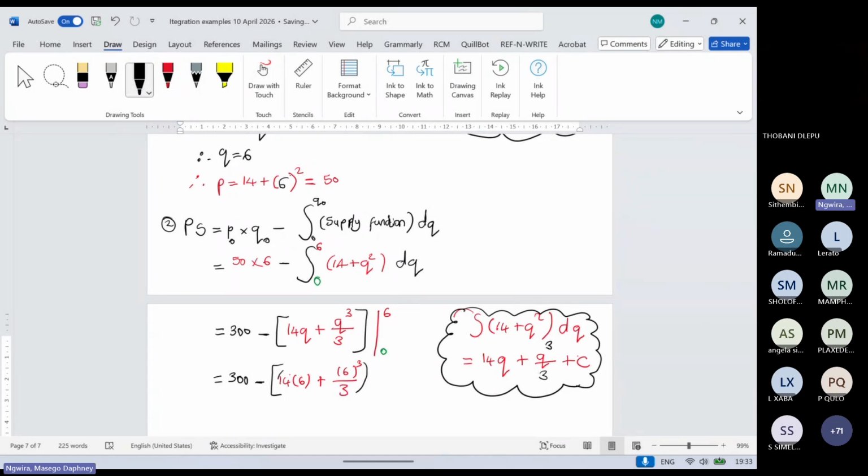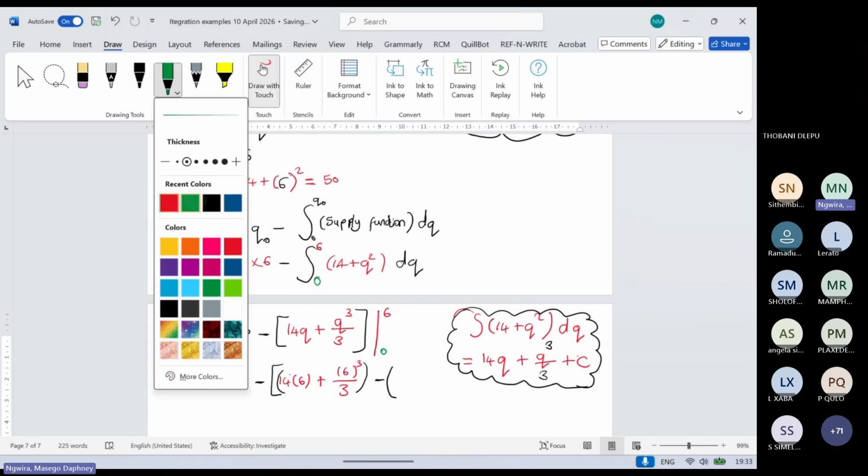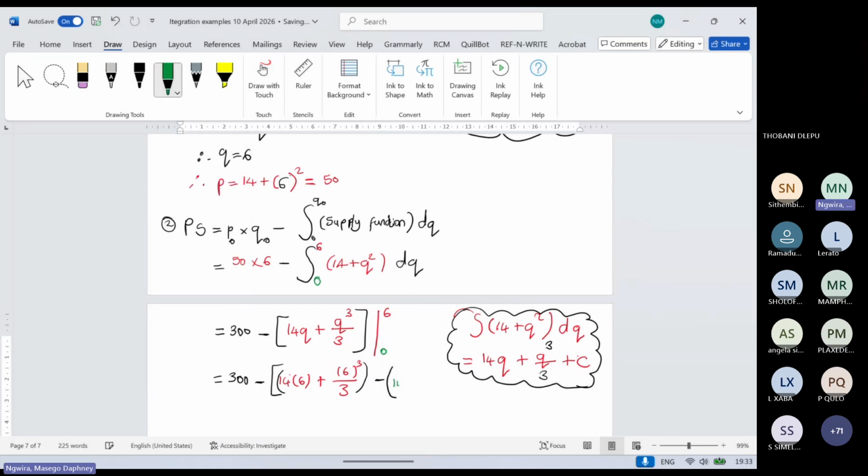And then this is minus the lower limit, the 0. It's going to give us a 0, because 14 times 0 is 0, and 0 over 3 is 0.